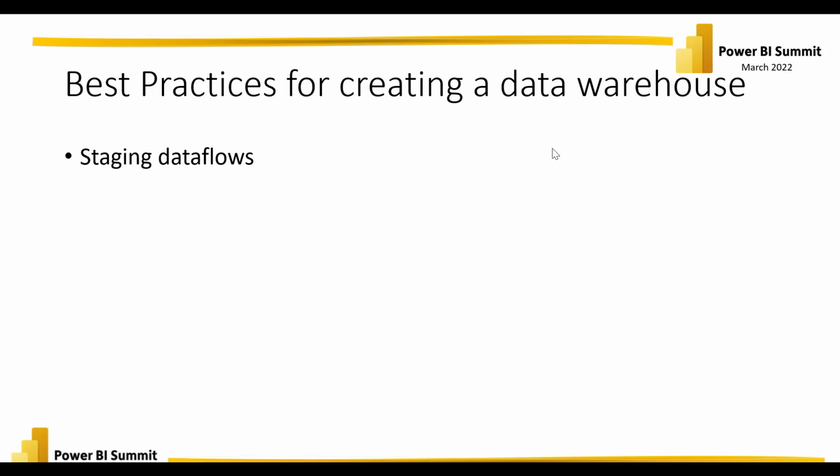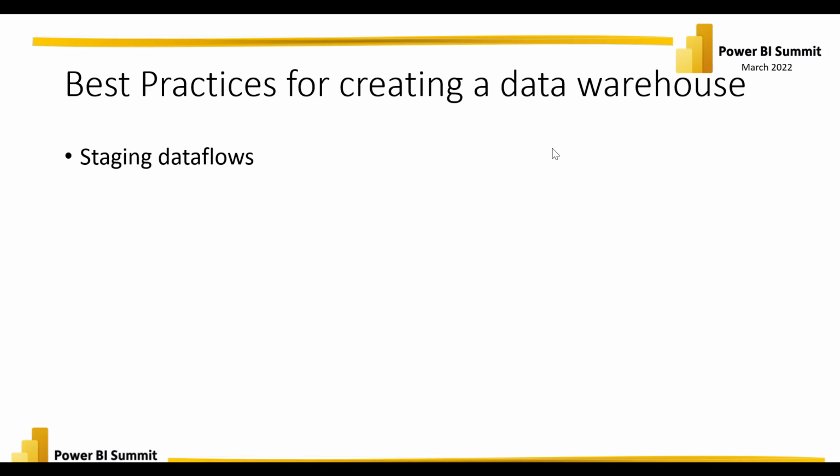So in the traditional data warehouse architecture, this reduction is done by creating a new database called a staging database. The purpose of the staging database is to load data as is from the data source into the staging database. So we should follow the same principle in creating a data warehouse using data flows.